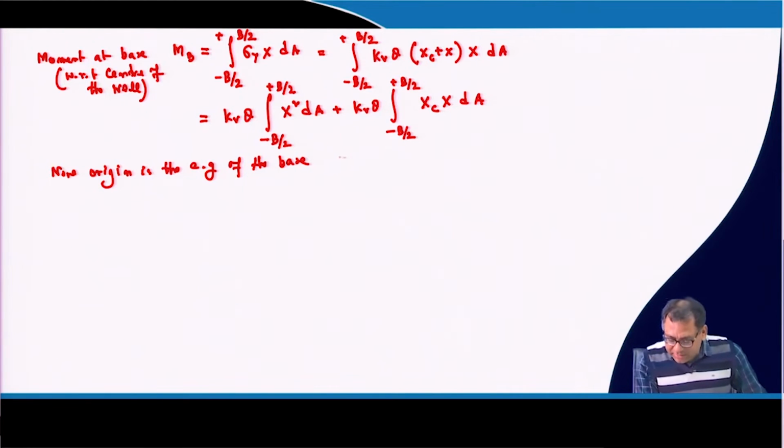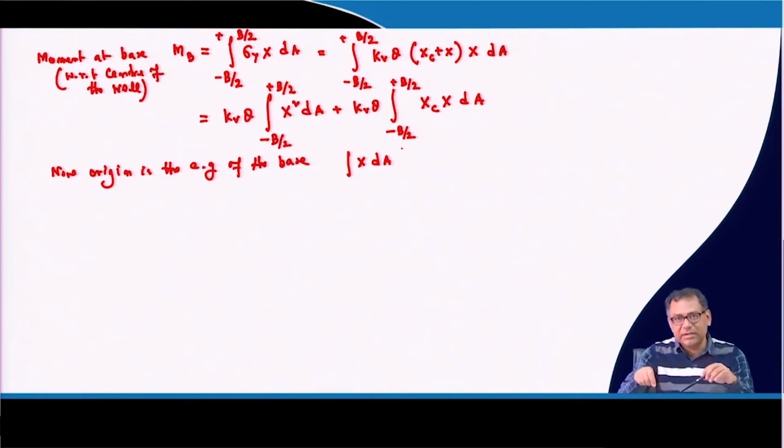So, I can write in that case that the integration of x dA, because your origin is at the CG of the base. That means if I take the total area dA into x, in that case this will be 0, because your origin is the CG of the base.